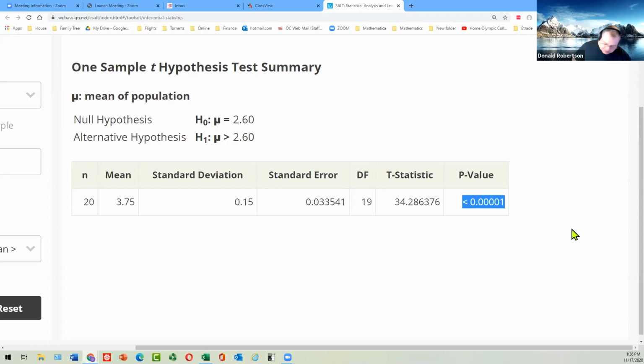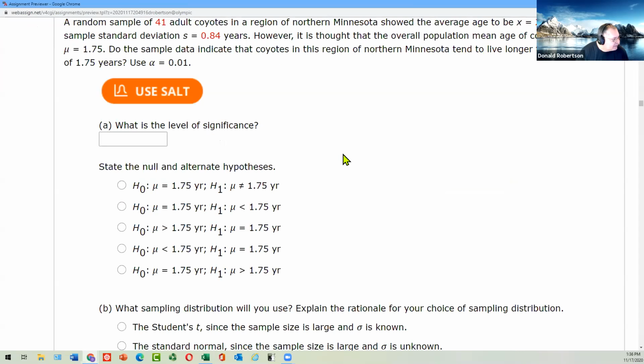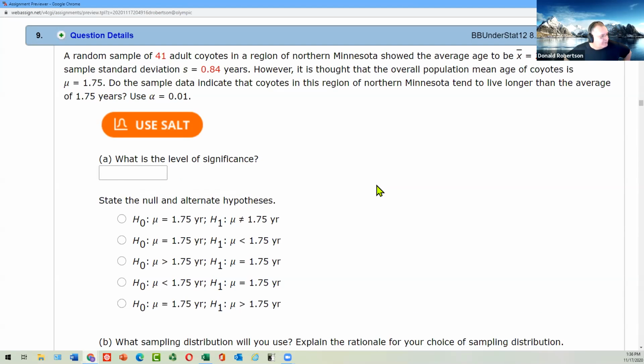Right, let's return now, jump around as I can, and do one of these questions. What one do I want to do? Let's do the coyote one. This is question 9, since it's in front of us. There are 41 coyotes in a place in northern Minnesota. The average age of these animals is only 2.07, so just over 2 years. The standard deviation of their age is 0.84.